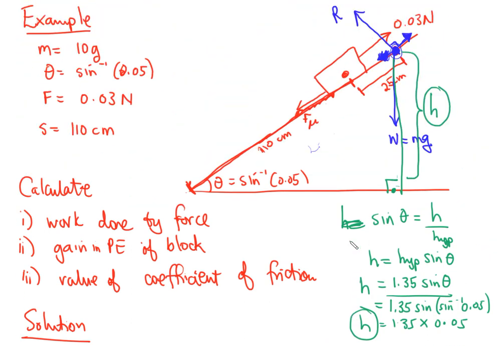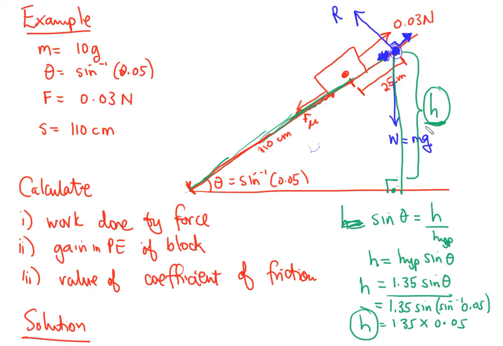The emphasis that I wanted to make is, when we're doing gain in potential energy, we do not look at what it did along the inclined plane. Whatever it did going up like this, we do not care what distance it traveled here. What we care about is the distance above the ground, and it is h. So whether it traveled for 20 kilometers, we do not care. We're just looking at this height above the ground.